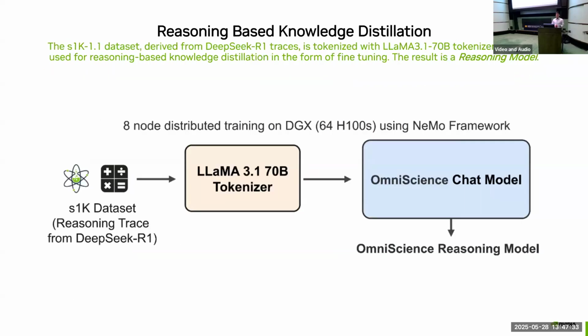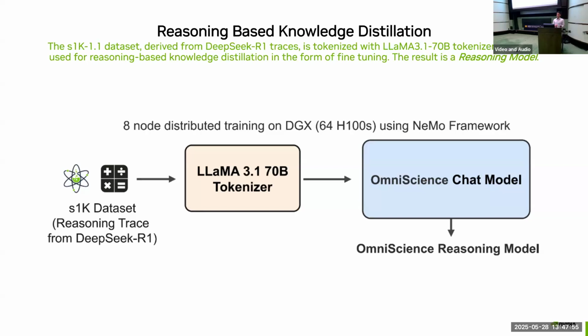And finally, we moved on to the reasoning-based knowledge distillation stage. At this point, we took the S1K 1.1 data set, which is derived from DeepSeek R1 traces on scientific tasks in, I think, physics, mathematics, and maybe one other.